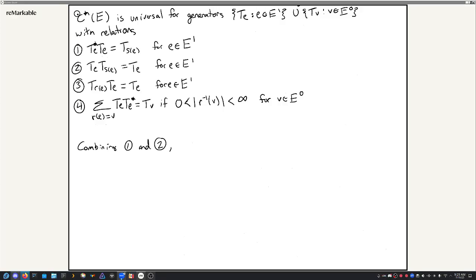If you combine relations 1 and 2, you get T_E T_E star T_E is T_E. And then relation 1 tells you that each T sub S sub E is a projection.